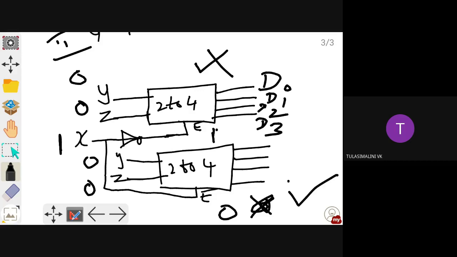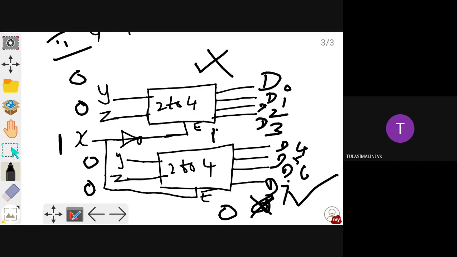So அப்ப 100 அப்படின்னா D4 will be produced, 101 D5 will be produced, 110 D6 will be produced, 111 D7 will be produced. So is it clear? So இப்போ உங்களோட truth table satisfy ஆயிடுச்சா?